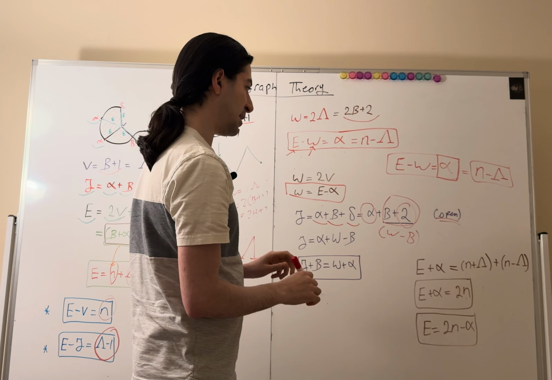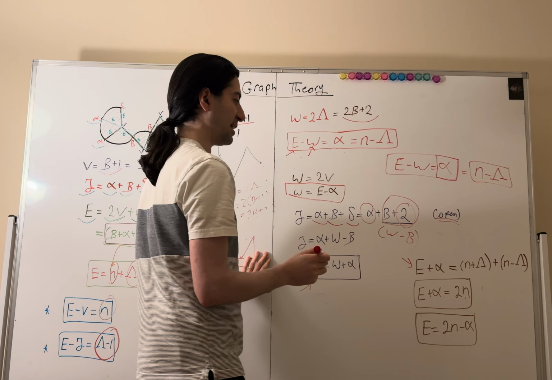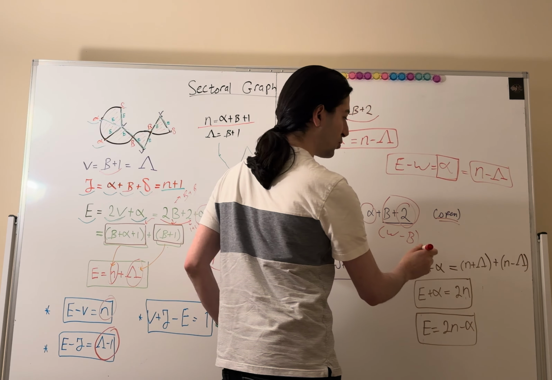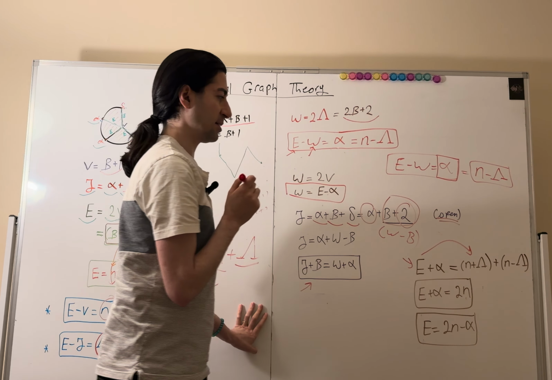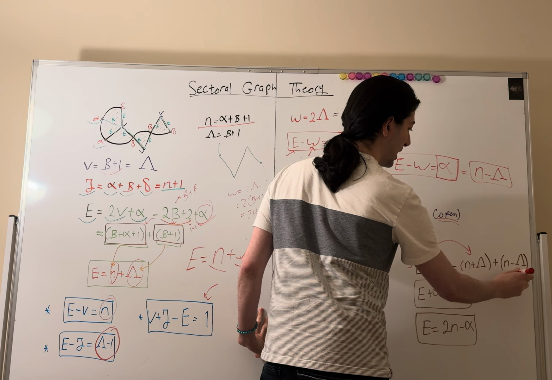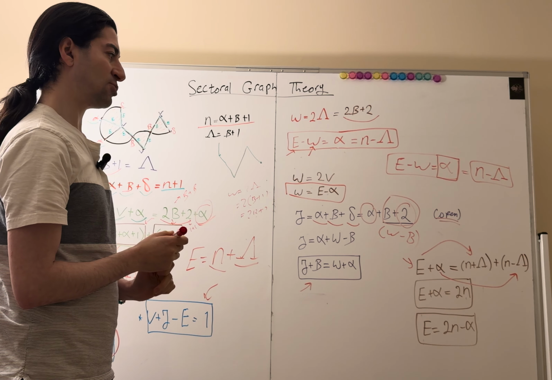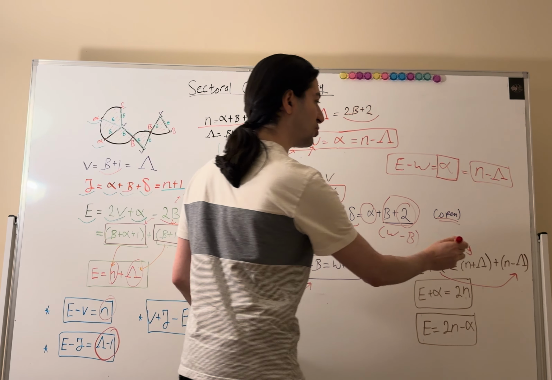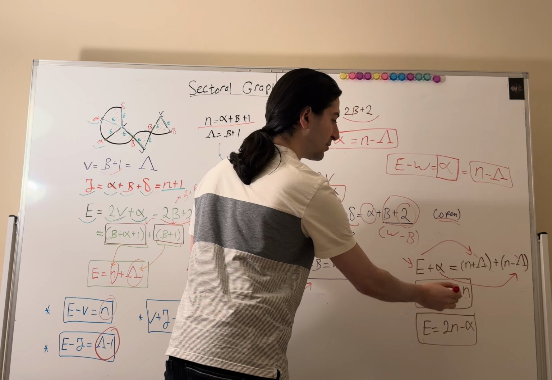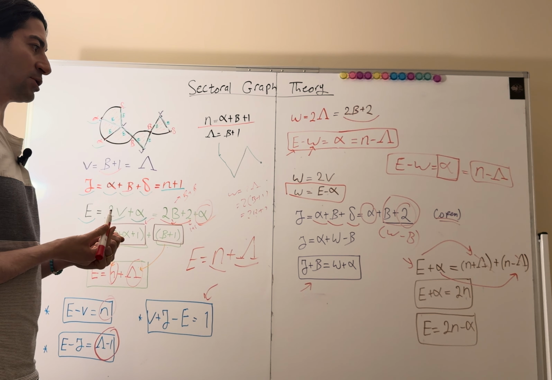Let's look at another example. Let's look at the edges plus alpha. We know that E is equal to n plus lambda, and we know that alpha is equal to n minus lambda. If we add these two together, the lambdas go away, and we are left with E plus alpha is equal to 2n. I think this is a really nice relationship.